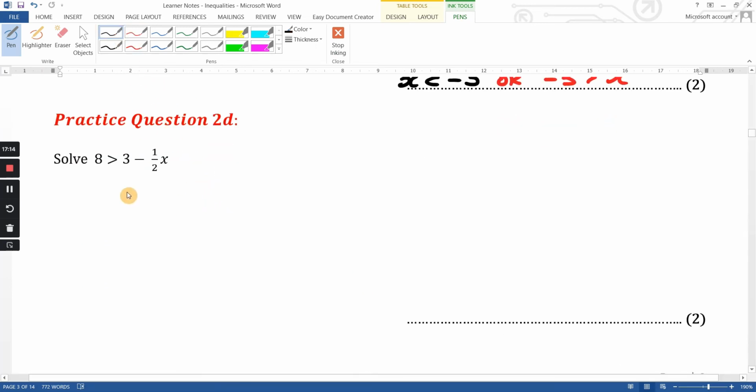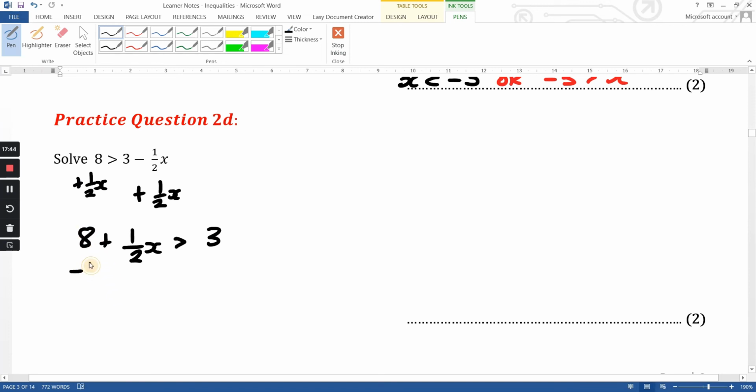Practice question 2D, solve this. Right, so I've got minus half x here. I'll do this the other way. What I'm going to do, I'm going to bring the minus half x to the other side. So I'll plus half x here, plus half x here as well. So I've got 8 plus half x greater than 3. Okay.